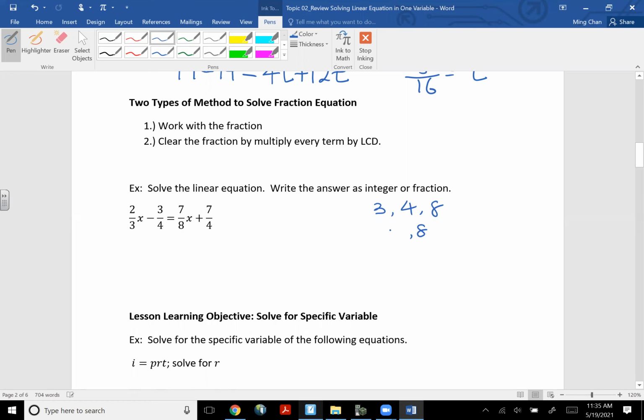So now what's the LCD going to be between 3 and 8? LCD or least common multiple is the same thing. Between 3 and 8 gotta be what? 24, right? So my LCD is 24. So what I'm gonna do is multiply every term, not every fraction, okay? Every term by the LCD 24.